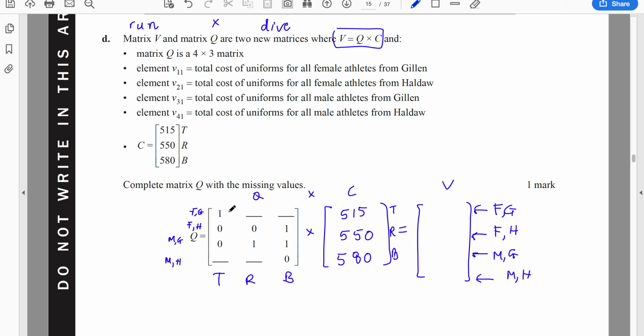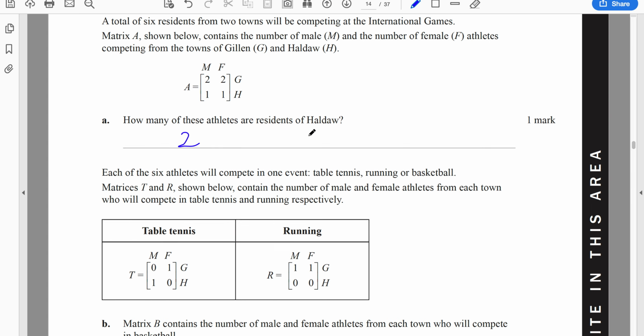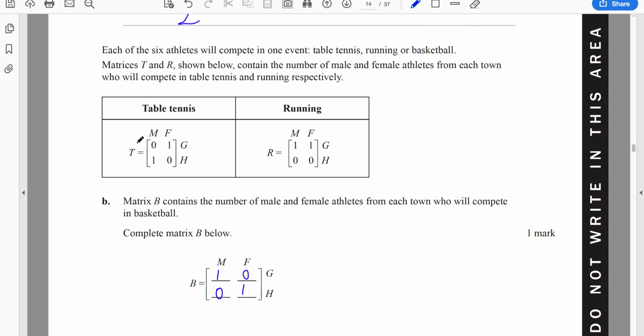So I had for females in Gillen, one in table tennis, one in running, and none in basketball. Now, if you have a look at your next one, FH, so females from Haldor, we'll just go over the back here. Females from Haldor, we had none, and then one.